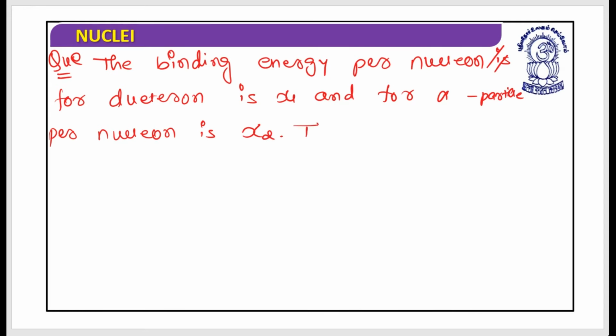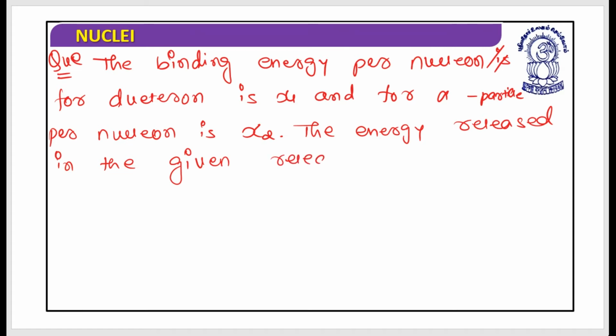The energy released in the given reaction is asked, and the reaction is given: 1H2 plus 1H2 gives 2He4 plus Q value.